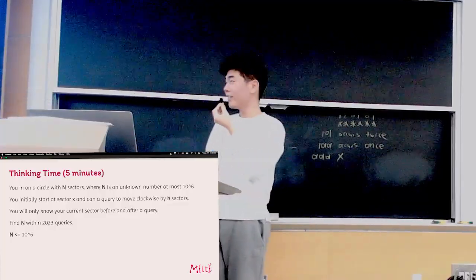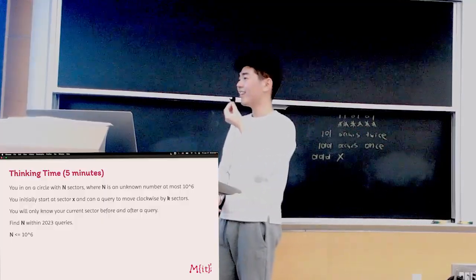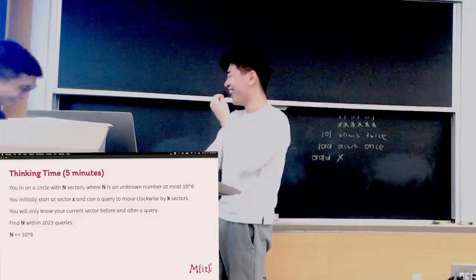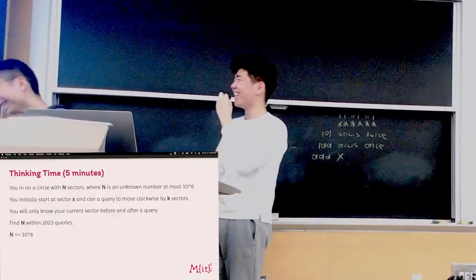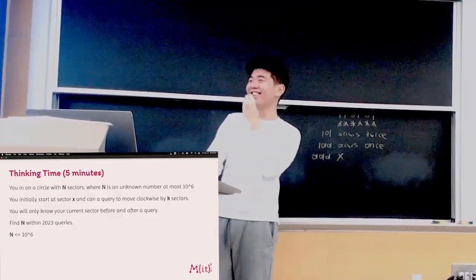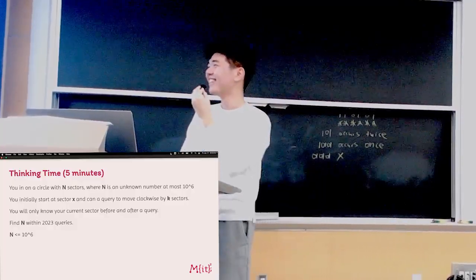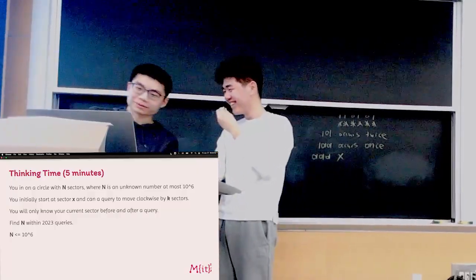And if anyone wants, we can run the interactive. We'll run it with some random hidden n. And although you are allowed to use 2,000 queries, please do not use all of them.